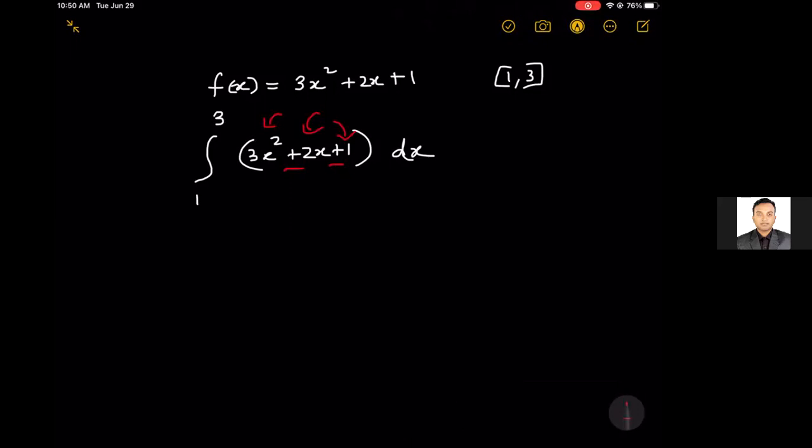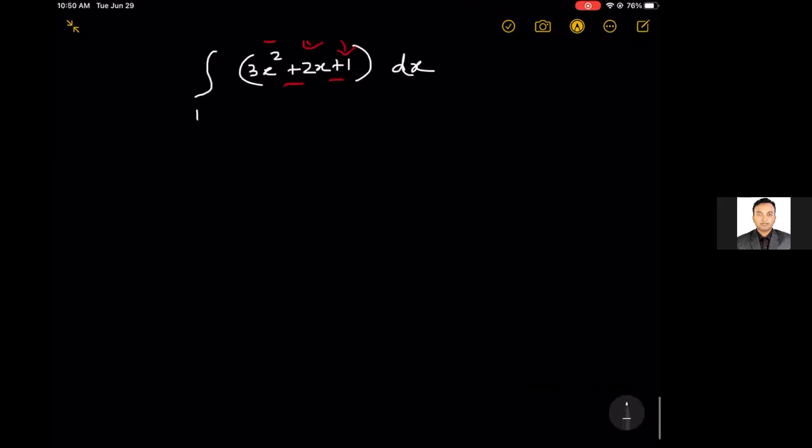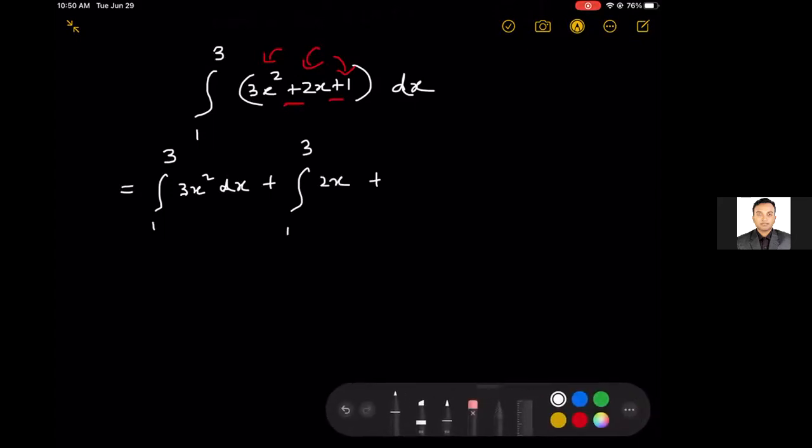It's the same. So we can use the sum rule. Since we have more than one terms, we can subdivide it into several, number of terms we have. So 3x squared dx, although you don't need to show this step, I'm showing this because most of you will be doing it for the first time. Oops, sorry, I should write dx here.